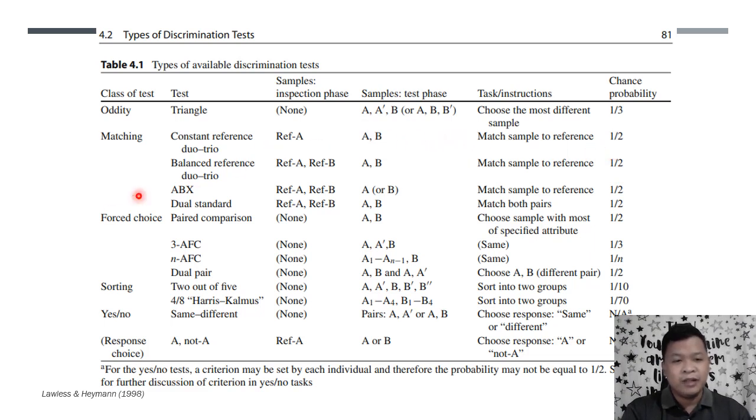There are more complex types like the sorting. So for example, the 2 out of 5, you are given 5 samples, 2 of which are either A or B, and then the rest are the other sample. And you're supposed to sort the 5 samples into 2 groups. So lahat ng tingin mo A, dito mo ilagay sa isang side, lahat ng tingin mo B, dito sa kabila.